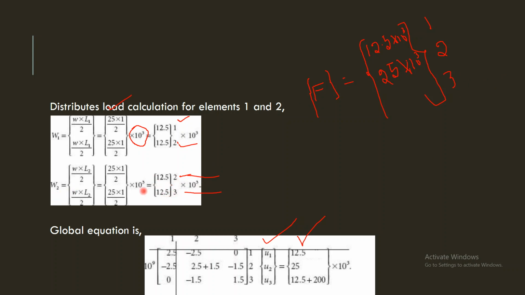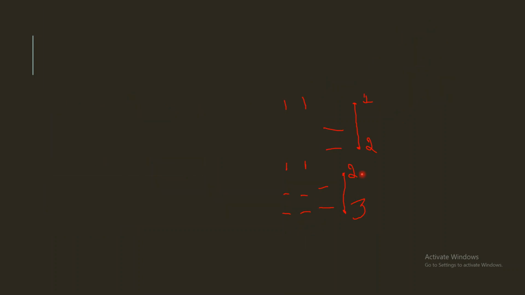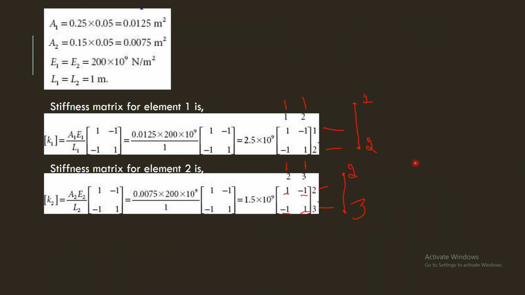Coming to node 3, we are having only one value that comes from element 2, but along with this we are having a point load also. So I should consider that one also, that is 12.5 plus, at node 3, the load magnitude of 200 into 10 raised to 3.